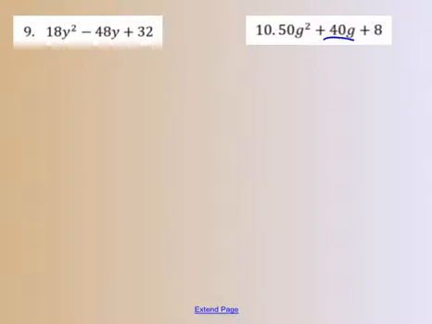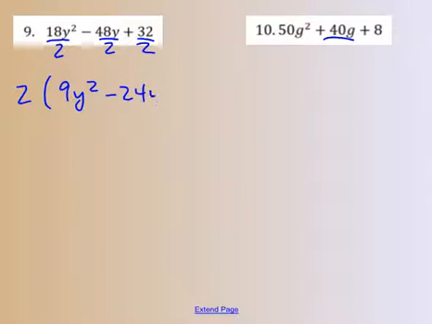Alright, now let's look at this. This one, all three of these are even. So I know 2. Do I know anything else? Nope, just 2. So now I'd have 2 and 9y squared minus 24y plus 16. This is great news for people like me and you.